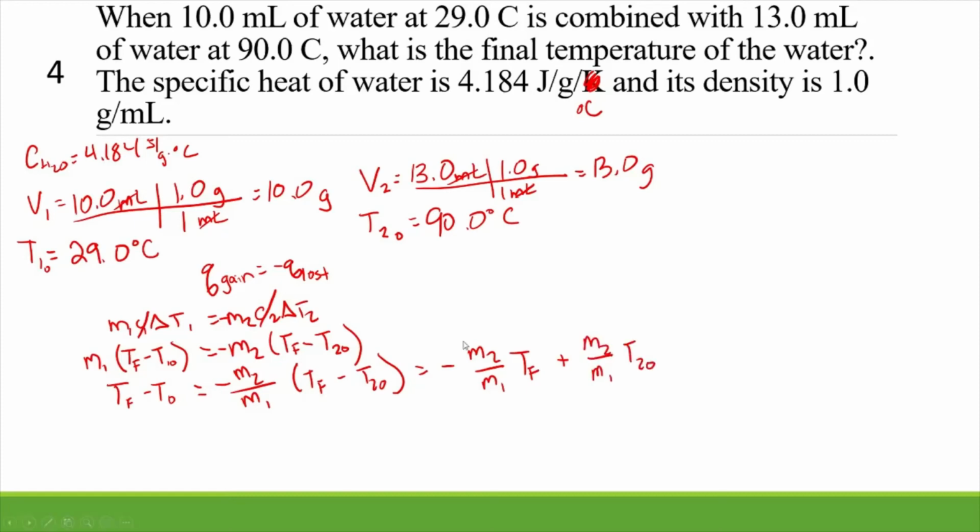So just putting everything on the same side, we get T final plus M2 over M1 times T final is equal to M2 over M1 times T2 initial plus T1 initial.